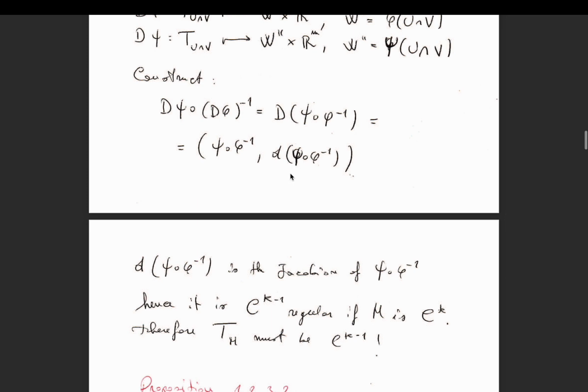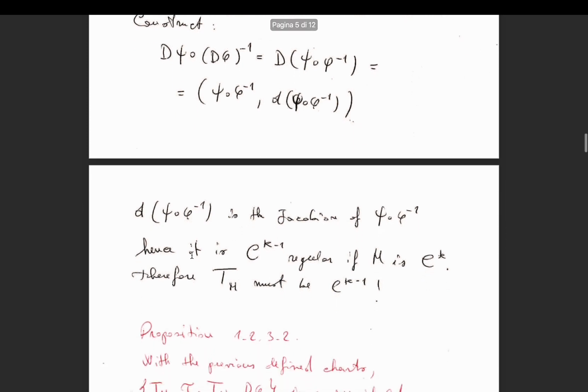Okay, but the differential of ψ composed with φ to the minus 1 is actually the Jacobian of the map. So we obtain as a result that those maps are obviously C^(k-1) regular.